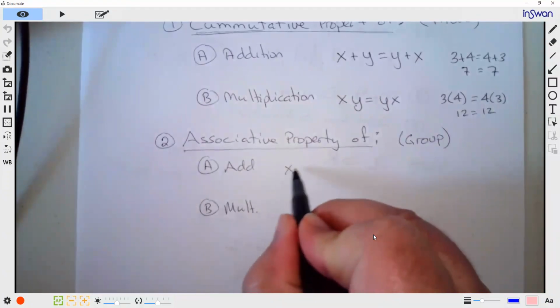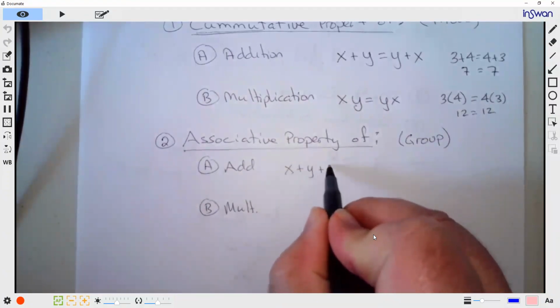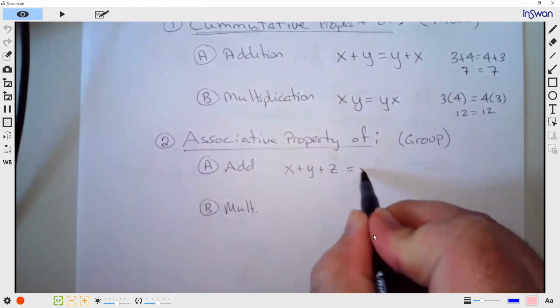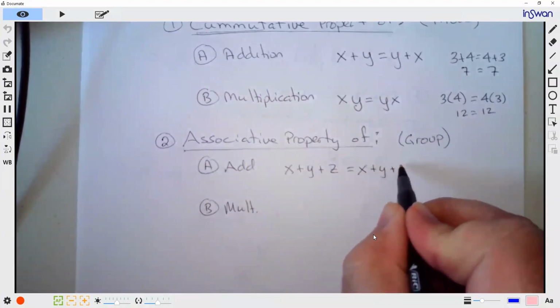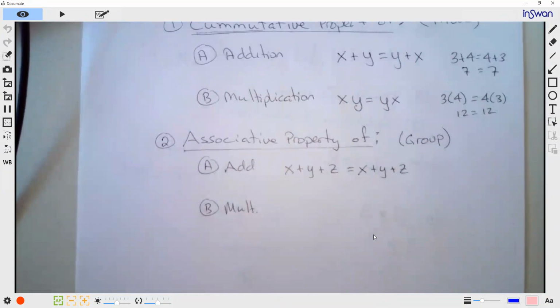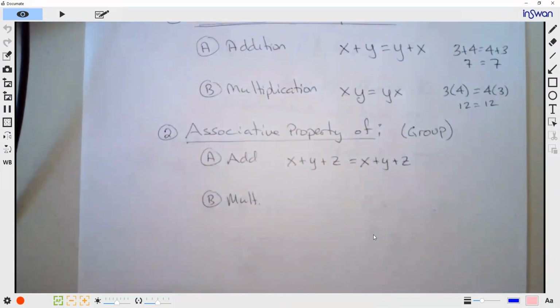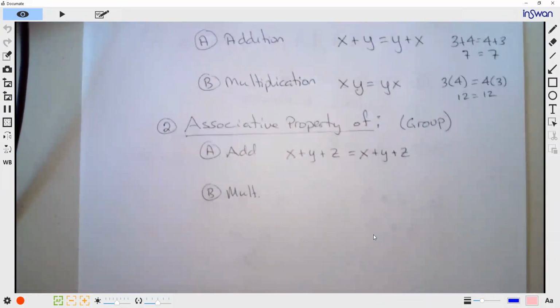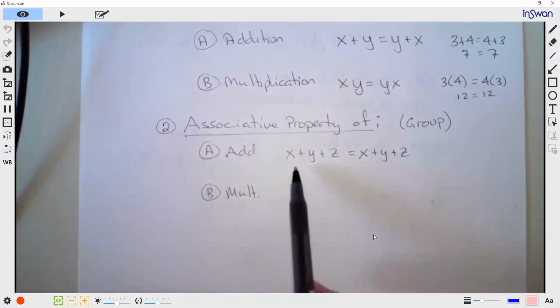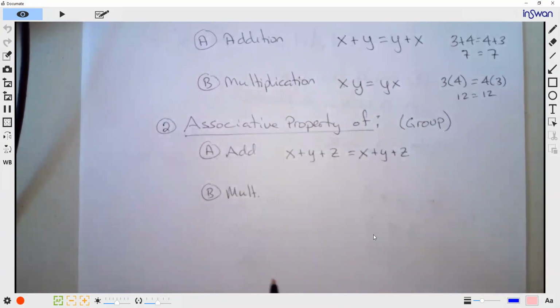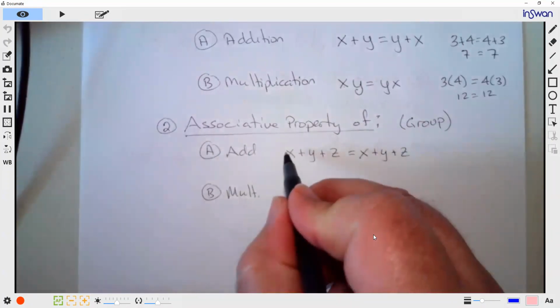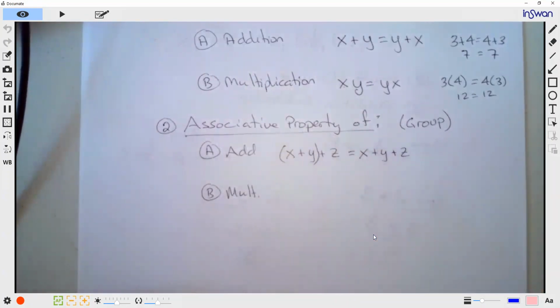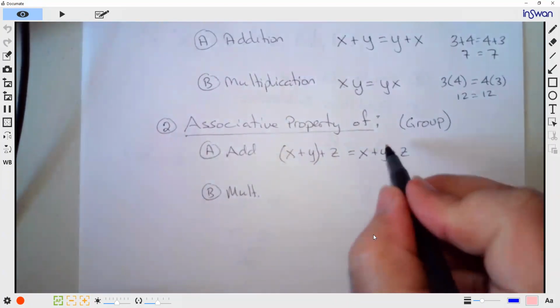So X plus Y plus Z is equal to X plus Y plus Z, with the grouping placed differently. Looks pretty easy, but the problem is this. There's nothing in our known universe that can process more than 2 bits of information at any one time. You have 3 of them. So what you have to do is pick which 2 do I do first. That's where the parentheses come in.